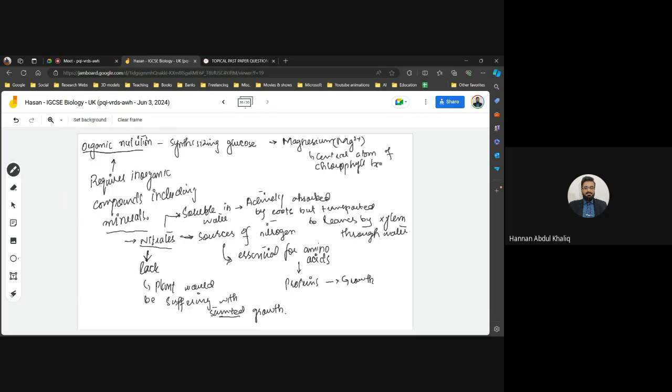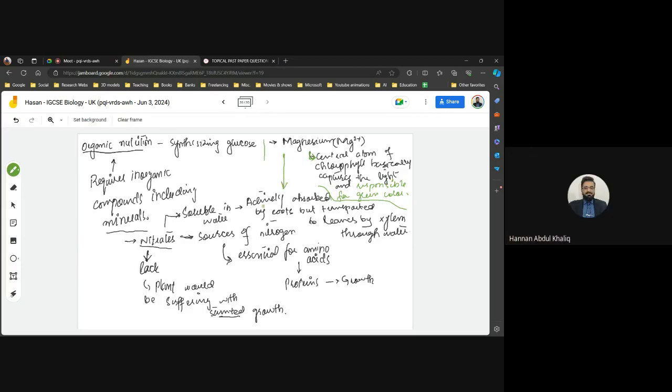Chlorophyll basically captures the light and is responsible for green color. It is a central atom of chlorophyll, basically captures the light and responsible for green color.